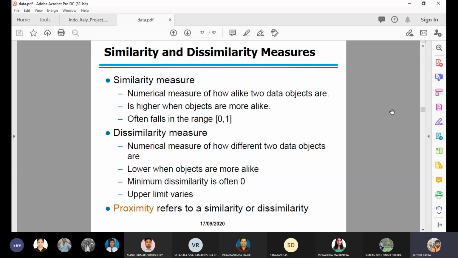So in today's topic, we'll talk about similarity and dissimilarity measures. There are two things: one is similarity, another is dissimilarity measures.